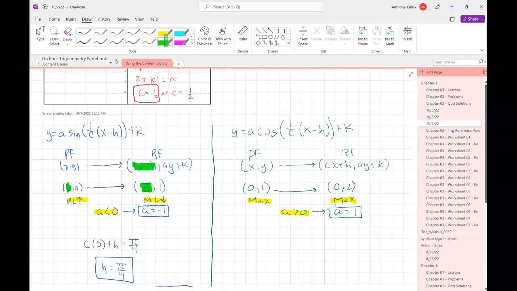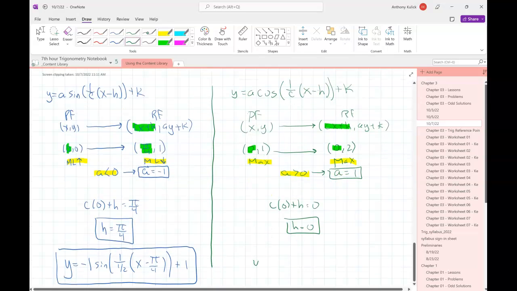And then I plug 0 into cx plus h and set that equal to 0 to solve for h, which is just 0. And now I have everything I need.